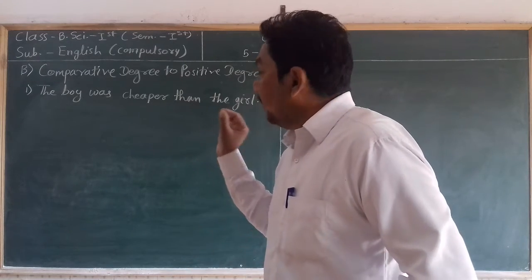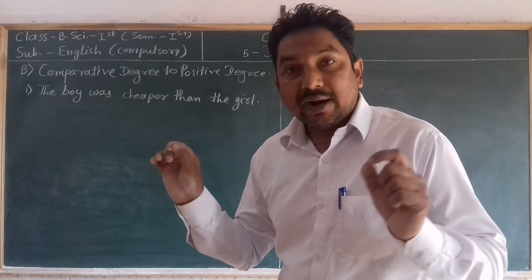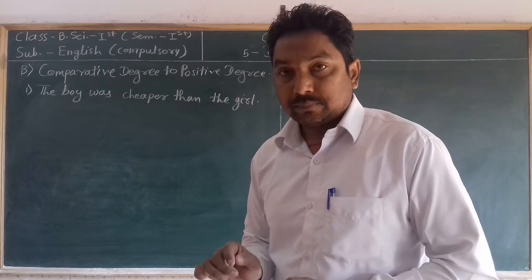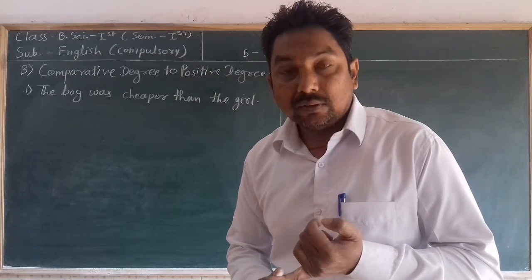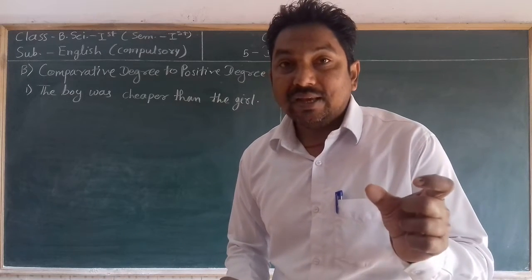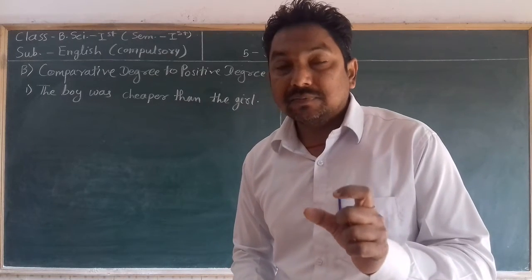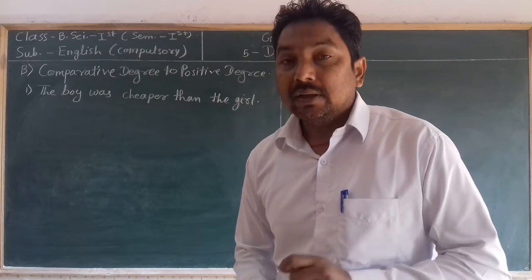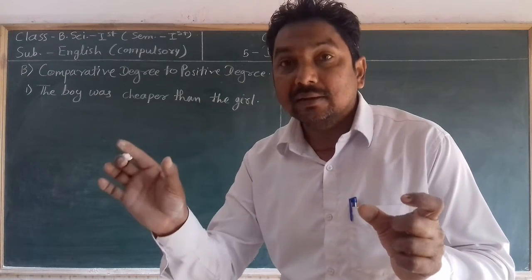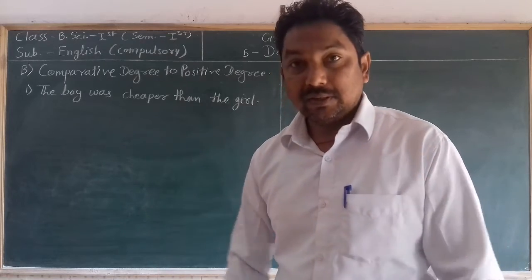So if we want to identify any sentence, always see the adjective word. If it is in its original form given in as blank as, that is positive degree. If there is used the suffix er, that is comparative degree, and if after er there is given the word than, that is a comparative degree sentence.